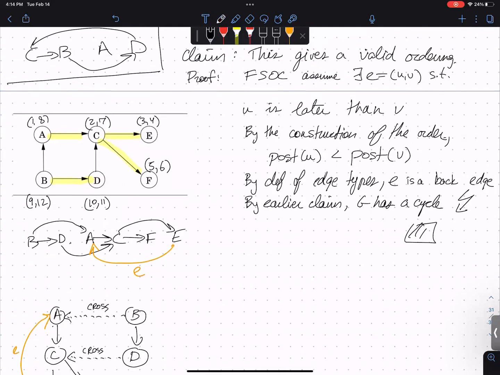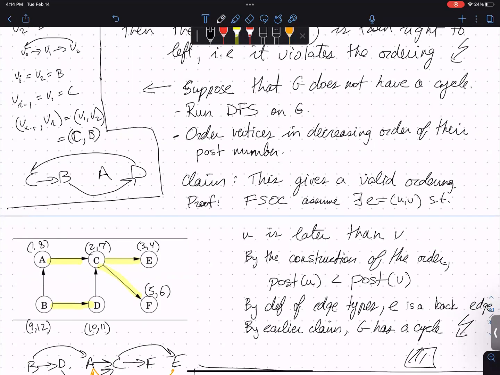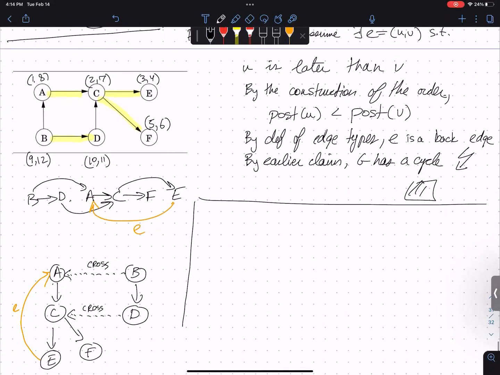So inside this proof, we buried an algorithm essentially to construct a linear ordering of a DAG.